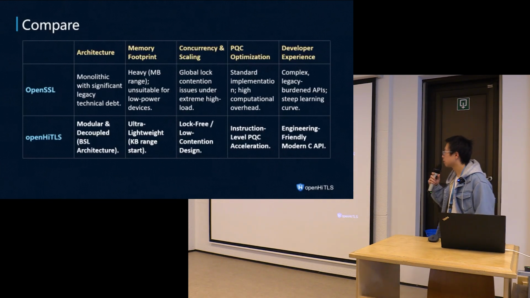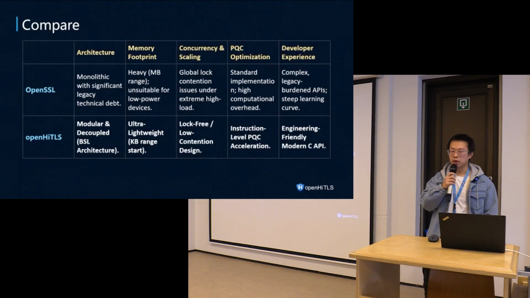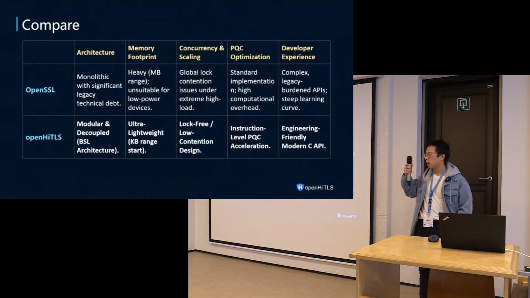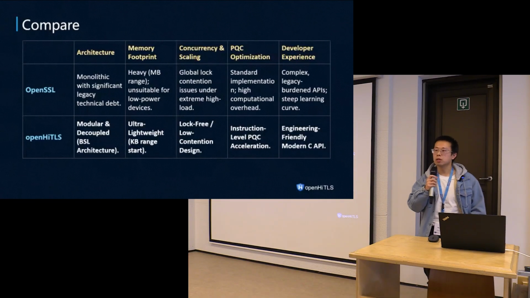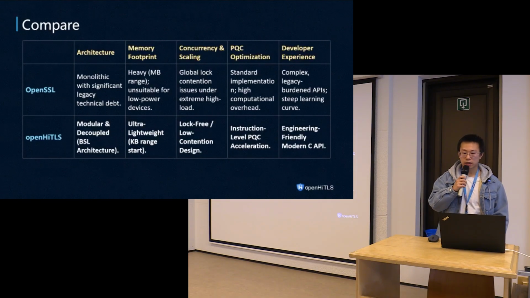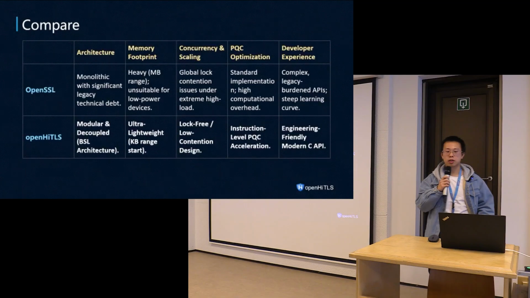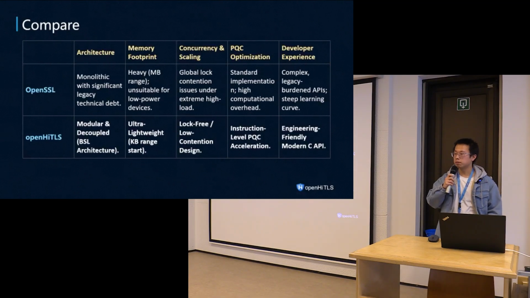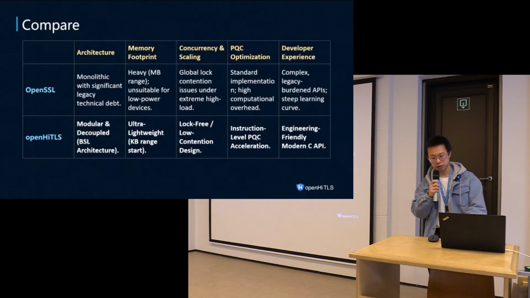For PQC algorithm optimizations, we have instruction-level PQC acceleration for various algorithms. We also provide engineering-friendly modern C APIs to the engineer, which makes the code readable and easy to understand.